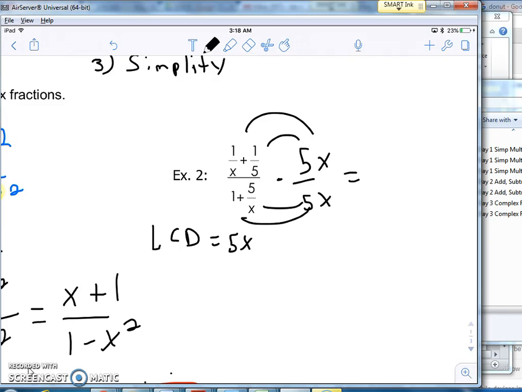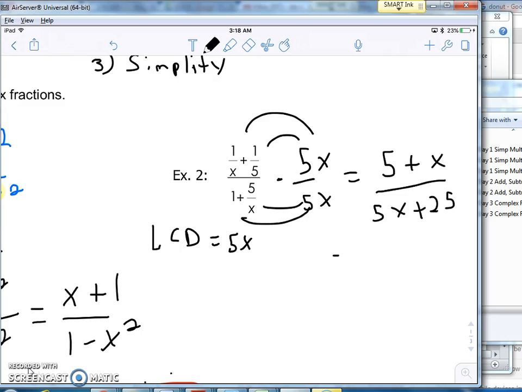So 1 over x times 5x, the x's will reduce, leaving 5. 1 over 5 times 5x, the 5's will reduce, leaving x. 5x times 1 on the denominator is 5x. And 5 over x times 5x, the x's will reduce, and this leaves us with 25.